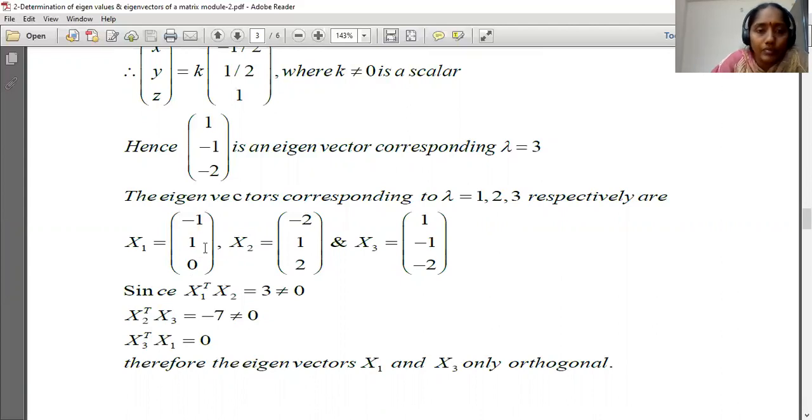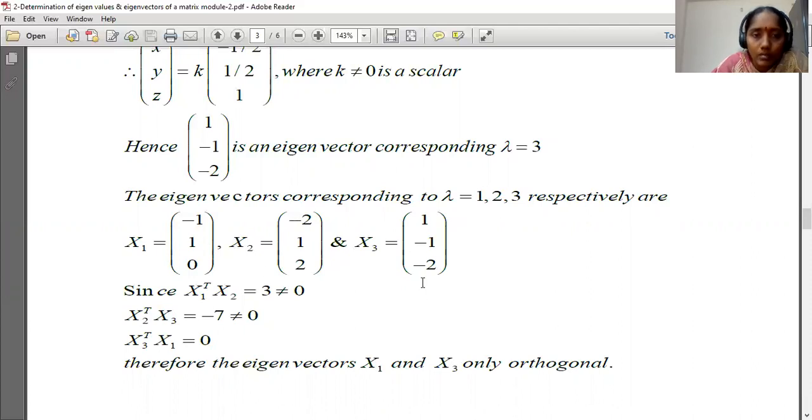Just find x1 transpose times x2, that is x1 dot x2. This is plus 2 plus 1, 3. So it is not equals to 0. x2 x3: minus 2 minus 1 minus 2. So it is minus 7, which is also not equals to 0. x3 x1: minus 1 minus 1, 0.